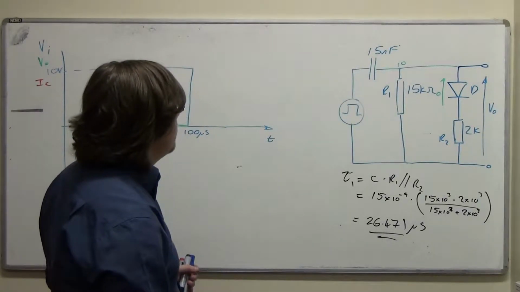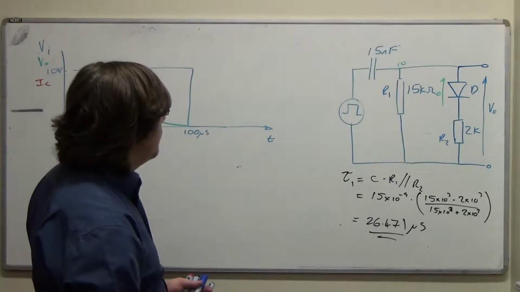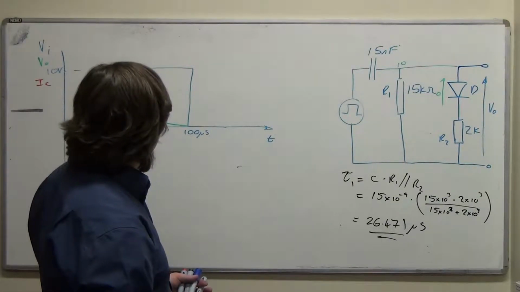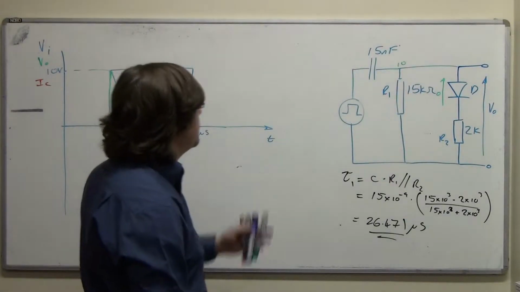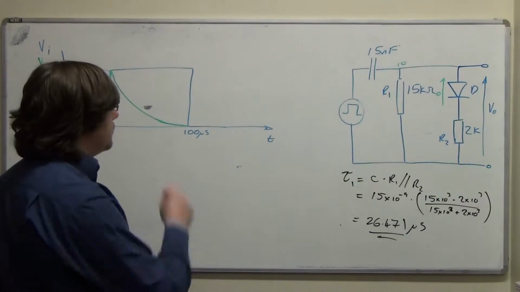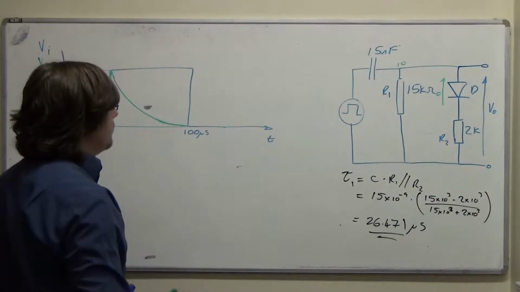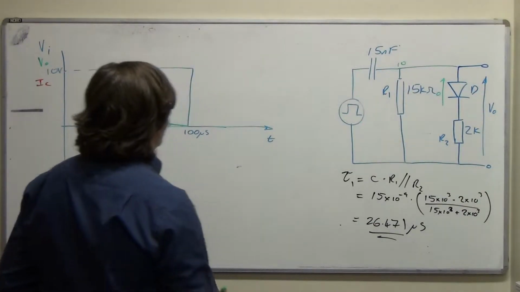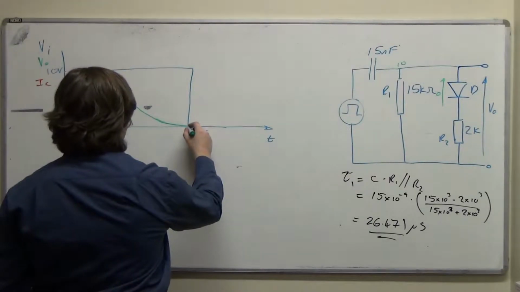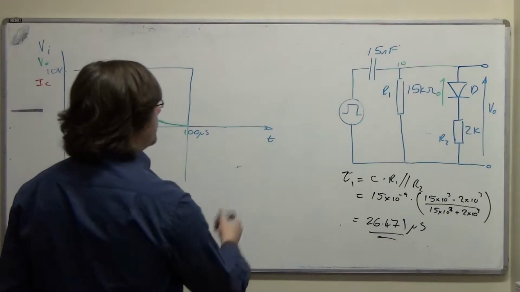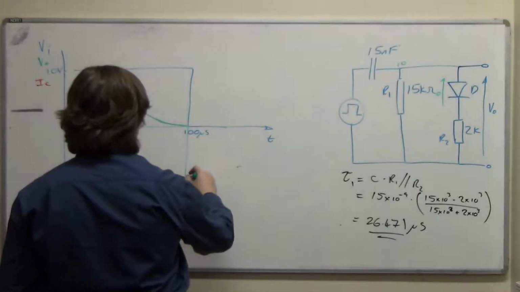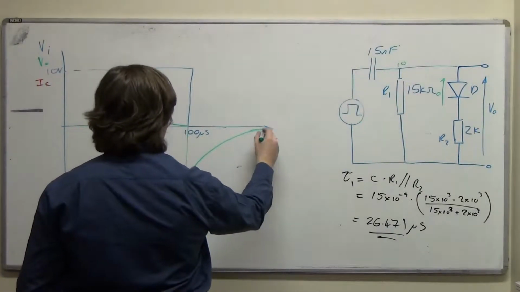Right then, so we have now a situation where the trailing edge is going to go into the circuit, and that means that for a short period of time at least, there will be a sudden decrease in output voltage, and then it will return to zero after some future time.